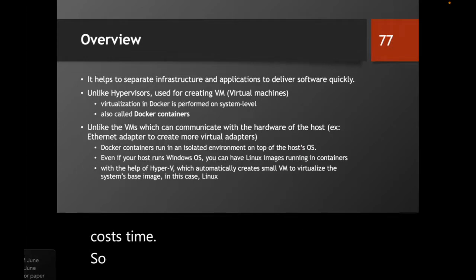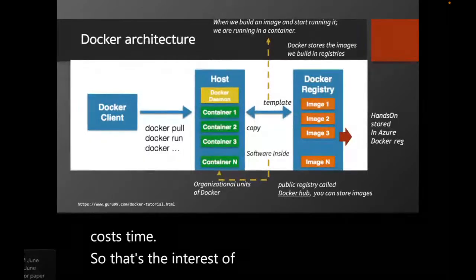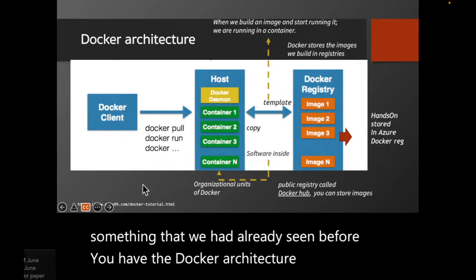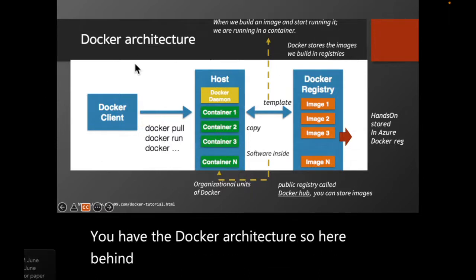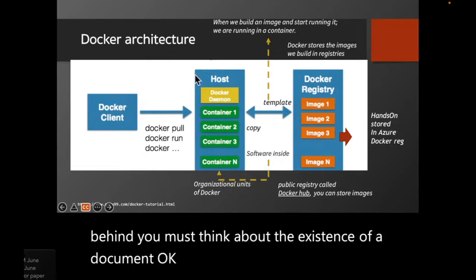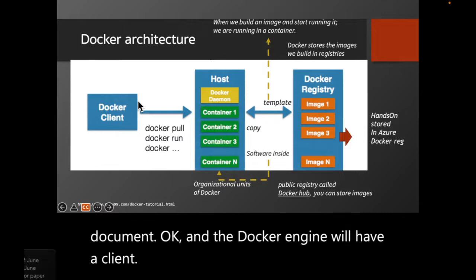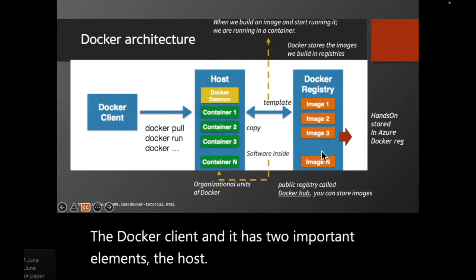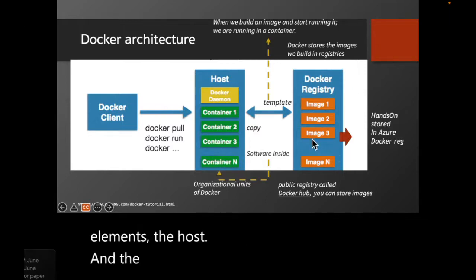So that's the interest of this. This is something that we had already seen before. You have the Docker architecture. Behind it, you must think about the existence of a Docker engine. The Docker engine will have a client, the Docker client, and it has two important elements: the host and the Docker registry.